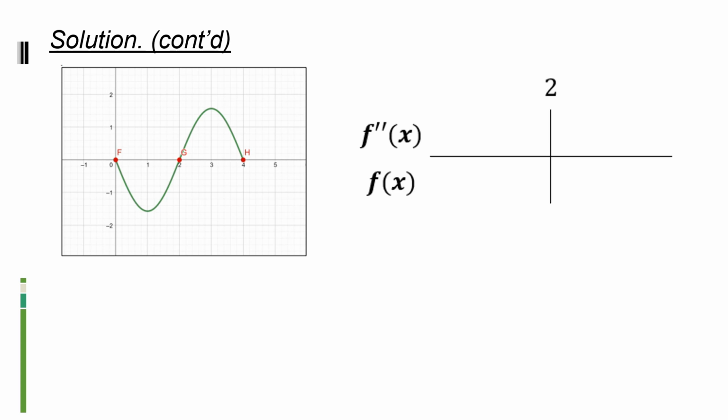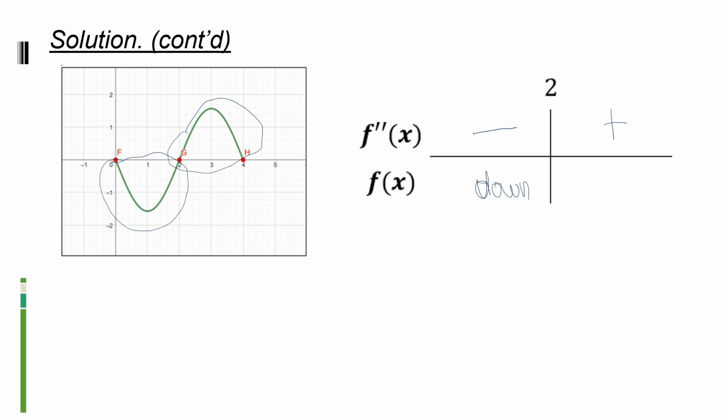For the second derivative, we have the critical point to be 2. Of course, 0 and 4 are not included because those are endpoints. And observe that from 0 to 2, it is below, so negative. From 2 to 4 it is positive. This means that from 0 to 2, f of x is concave down.